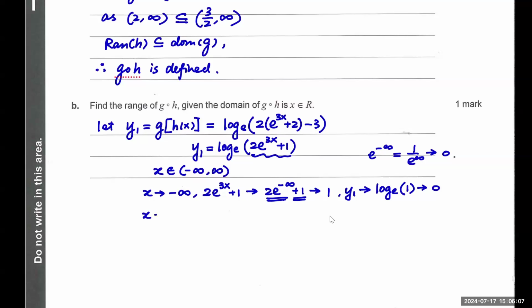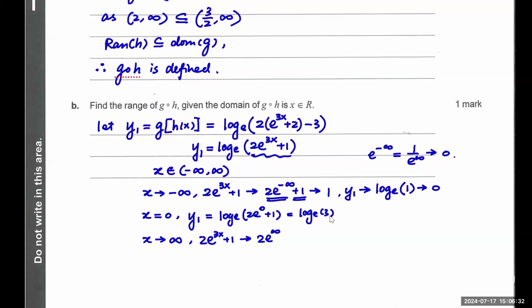And also if x equals 0, y1 equals log e of 2e to the power 0 plus 1, which is log e 3. And once x approaches infinity, your 2e to the power 3x plus 1 as your inner argument approaches 2e to the power infinity plus 1, which is still infinity.